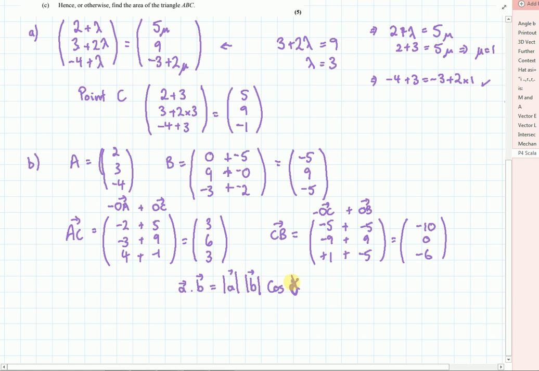Okay, so let's do the modulus of A, which is the square root of 3 squared plus 6 squared plus 3 squared. That's 9, 18, that's 54.